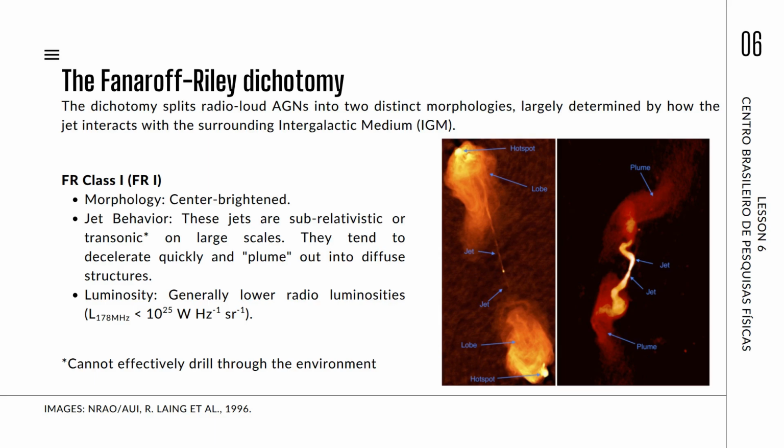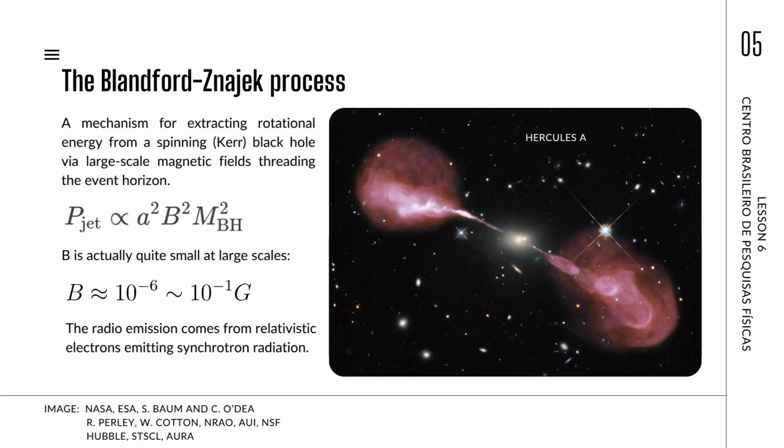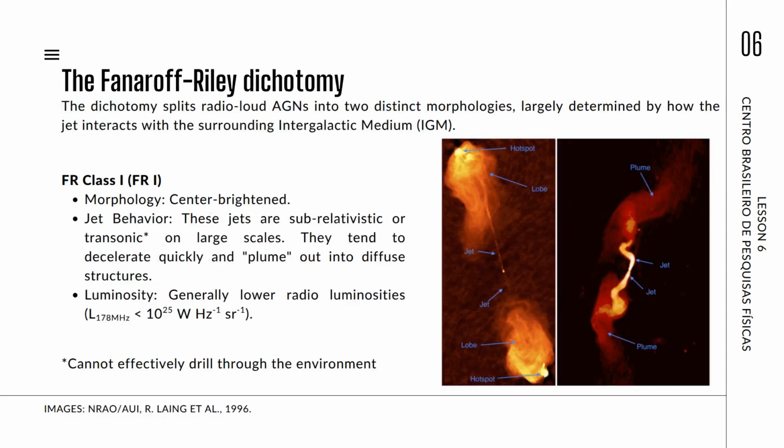Okay, this was Hercules A, a very, very famous radio galaxy. Have you heard about the Fanaroff-Riley dichotomy? Have you ever heard about it? You, Anna. Francesco Massaro published a lot of things about Fanaroff-Riley galaxies, and I think also one catalog called FRICAT. Fanaroff-Riley galaxies.